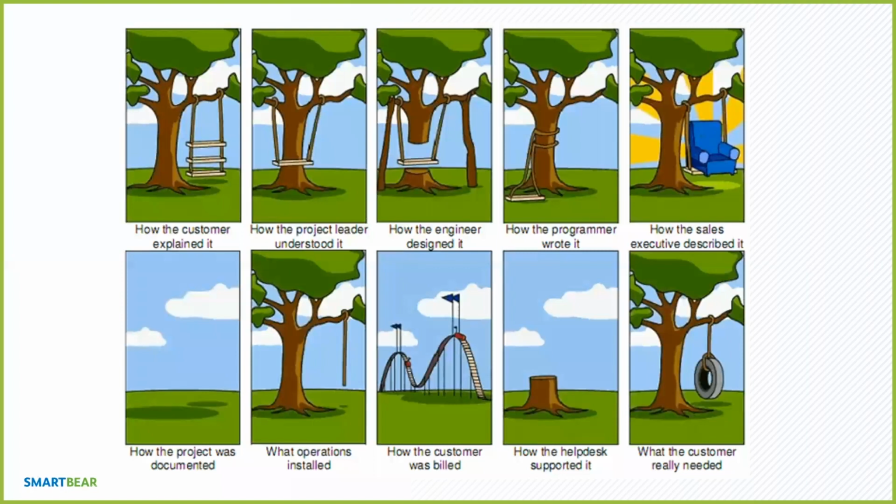And maybe how the sales executives described it, all the way at the end of the top row. And then all the way at the bottom, you'll see what the customer actually really wanted or needed. This is why it's important to prioritize the user perspective, and this is what BDD accomplishes.